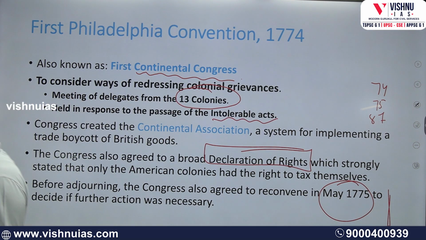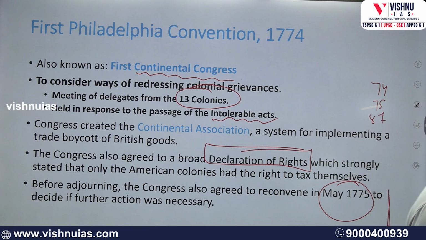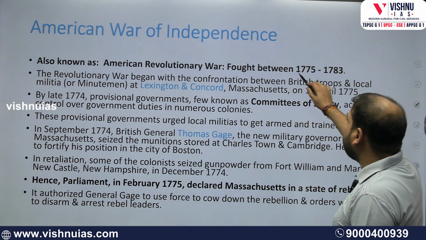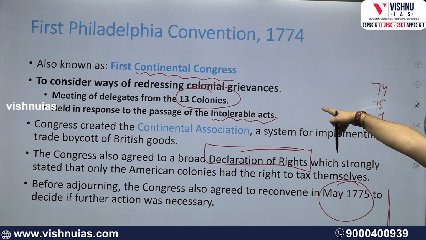And invariably they said that the Americans should get the right to tax themselves. This power should not be with whom? British. And thus begins your American War of Independence between 1775 to 1783. You can see the convention is in 74.